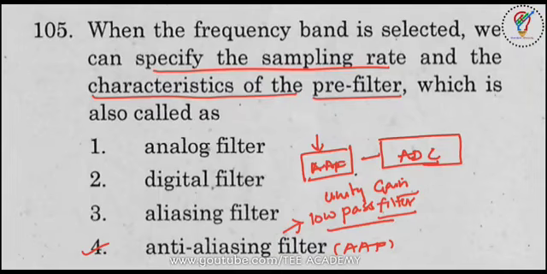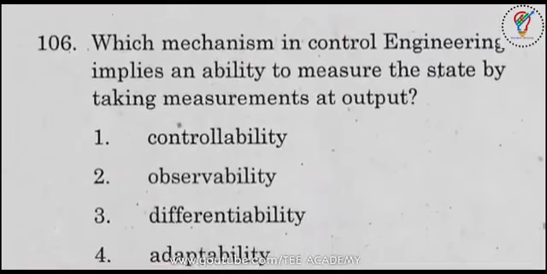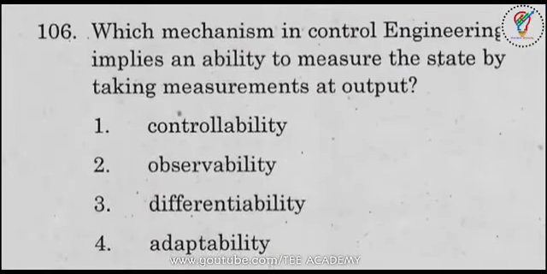The next one, 106: which mechanism in control engineering implies an ability to measure the state by taking the measurement at the output? It is observability.